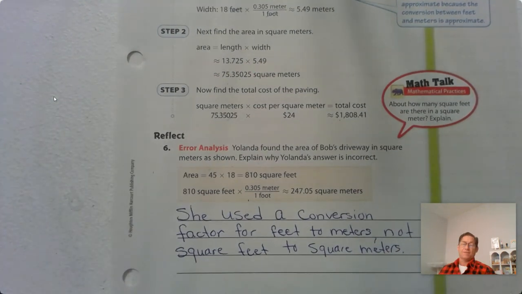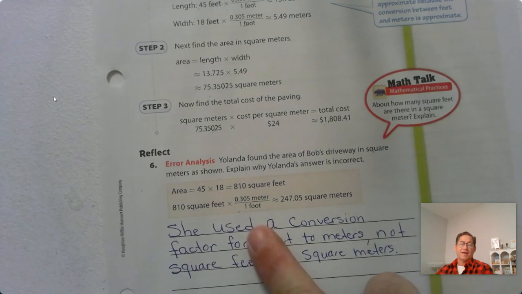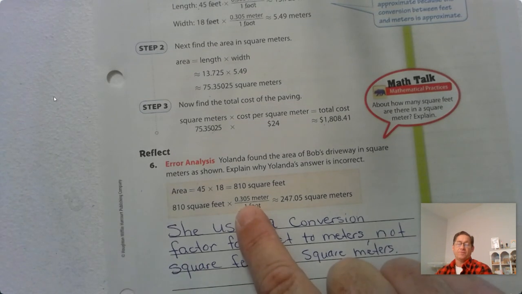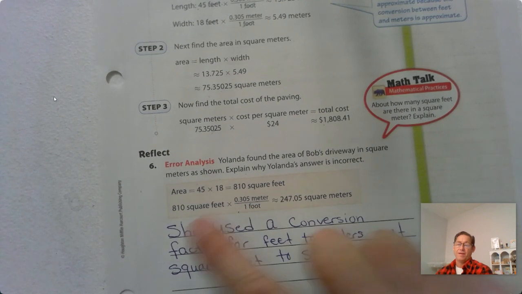Okay. So she should have multiplied 0.305 times 0.305, then multiplied by 810.